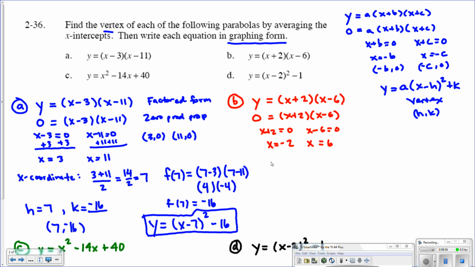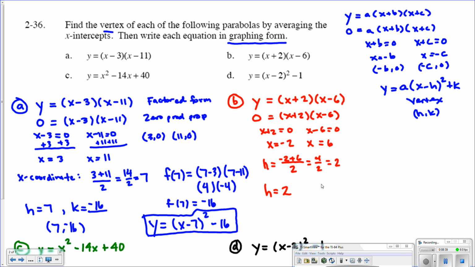Now to get our x coordinate, or what our h is going to be, I'm going to just call it h because I'm out of space there, but this is like what I did right here. We're going to average them. Negative 2 plus 6 divided by 2. Well, negative 2 plus 6 is 4. 4 divided by 2 is going to be 2.